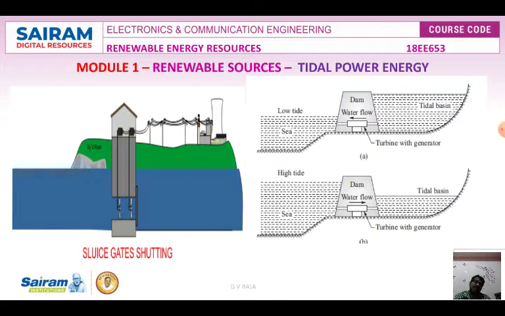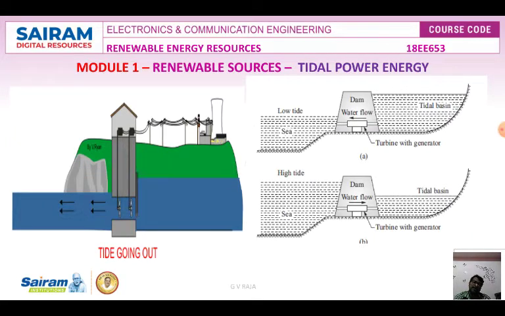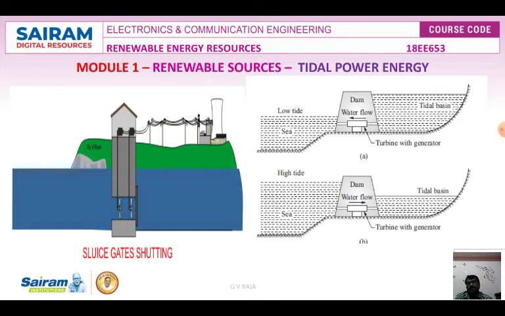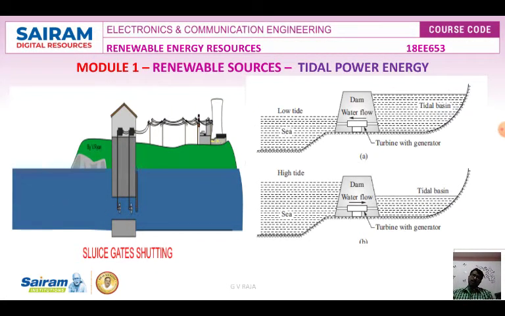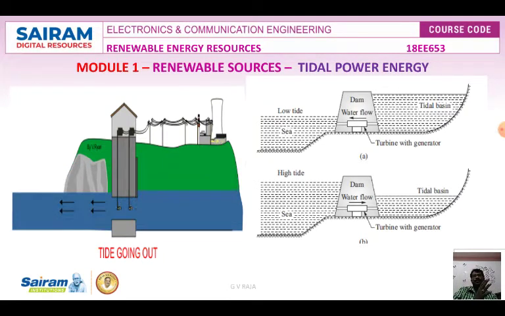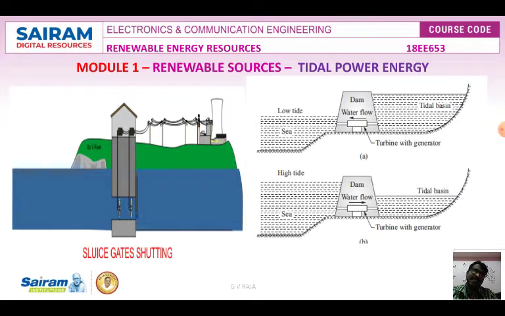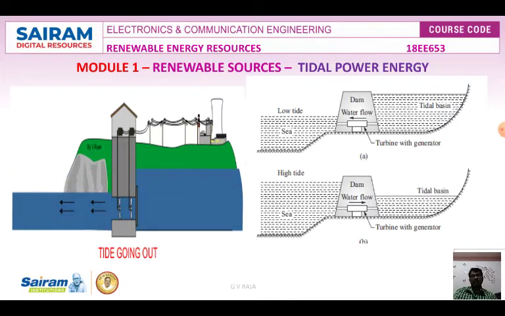The turbine is forced to rotate due to the water flow. There is a penstock, which limits the flow of water through the tube. So the water flows through the turbine, which is connected to the generator where the electricity is generated. The same principle is used in tidal power also.